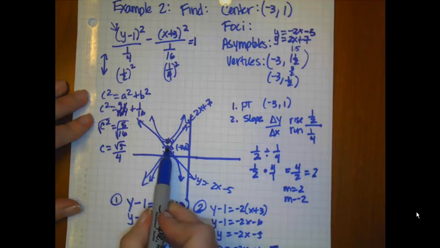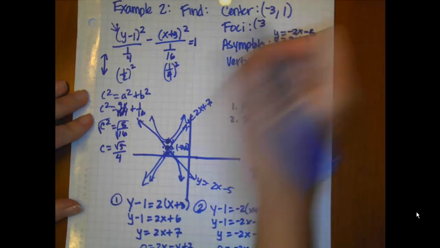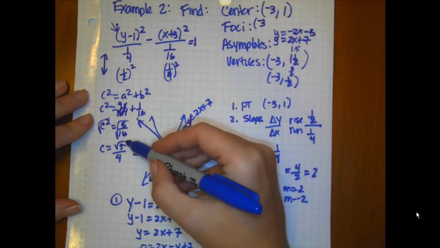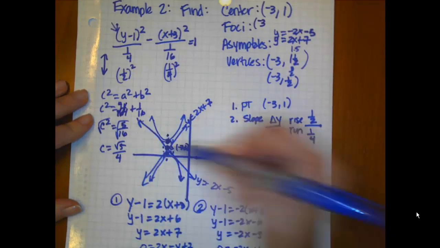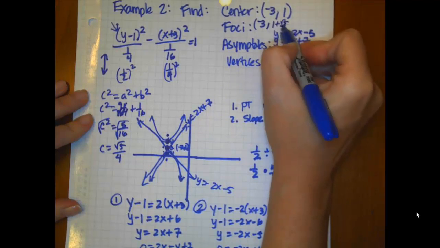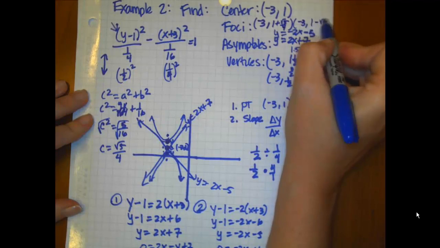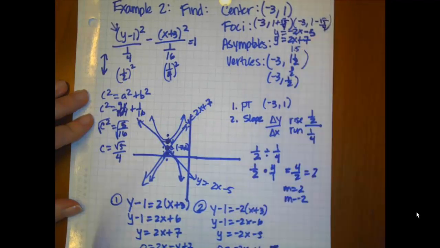So to get an exact value, my c is just root 5 over 4. So I had to take negative 3, 1 plus root 5 over 4 and negative 3, 1 minus root 5 over 4. Those would be the exact values of my foci.